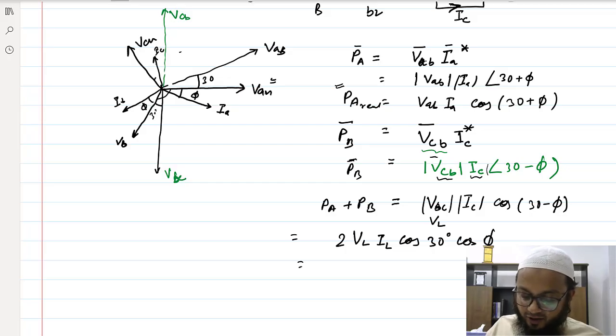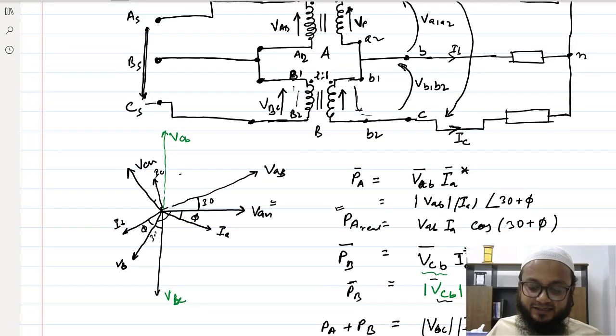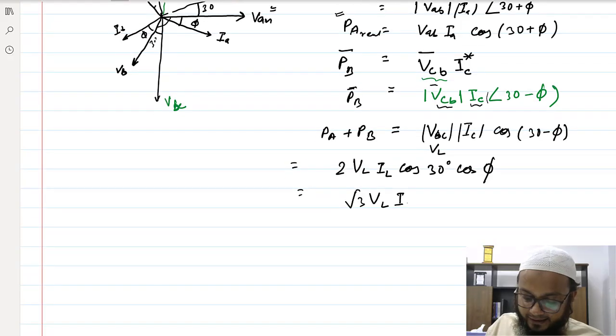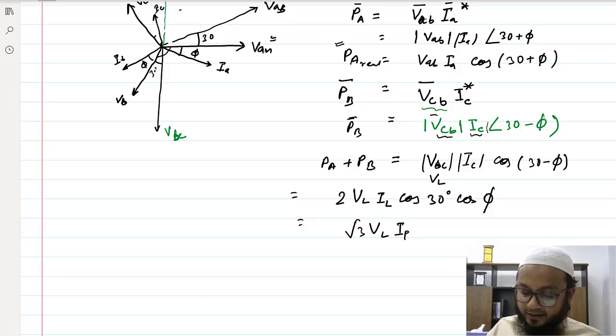And if you further solve it, you will actually get root 3 VL IL. IL is the line current as well as the phase current for the transformer, right? See, this is the phase current for this transformer as well. So I can write P here as root 3 VL IL or IP, cos 30 is root 3 by 2, and then cos 5.